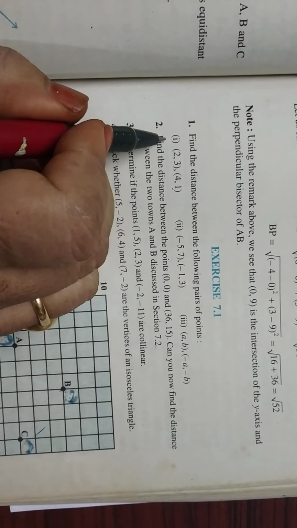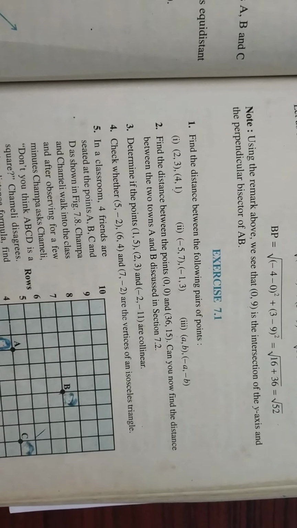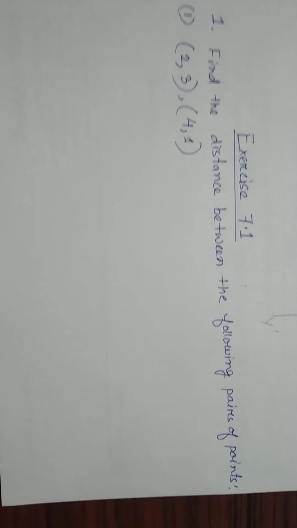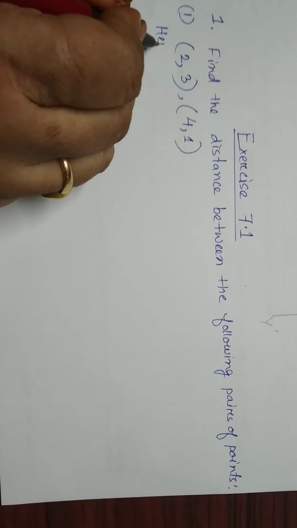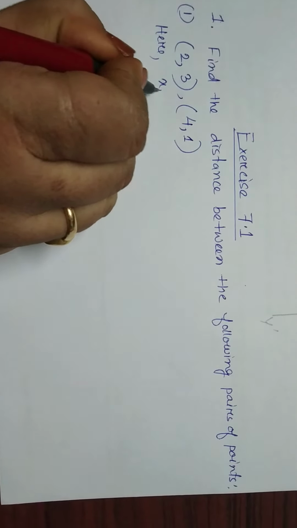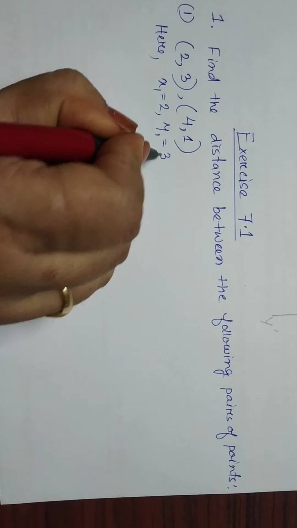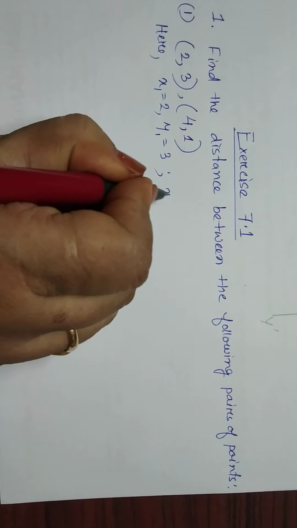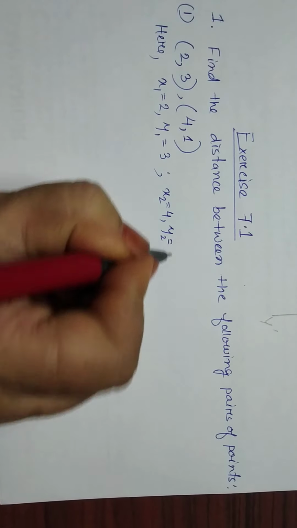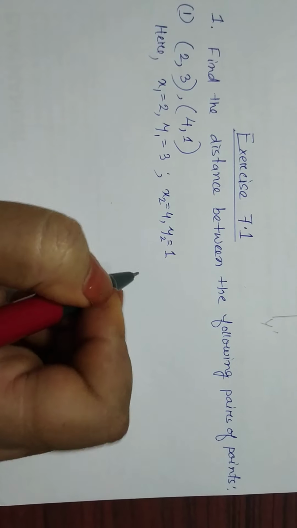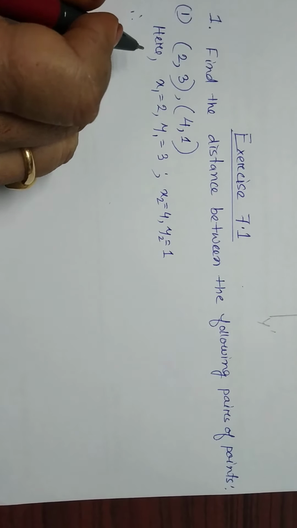Now we have to find the distance between these 2 points. We solve this sum this way. Suppose x1 is equal to 2, y1 is equal to 3, x2 is equal to 4 and y2 is equal to 1.